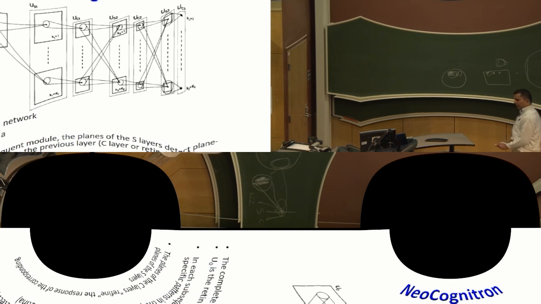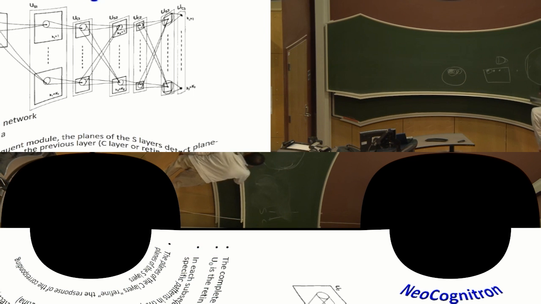So look at this figure here. If this is your retina, then you have one plane of C's which is looking all over these to look for noses. Then I would have another one which is scanning all of these to maybe look for eyes.